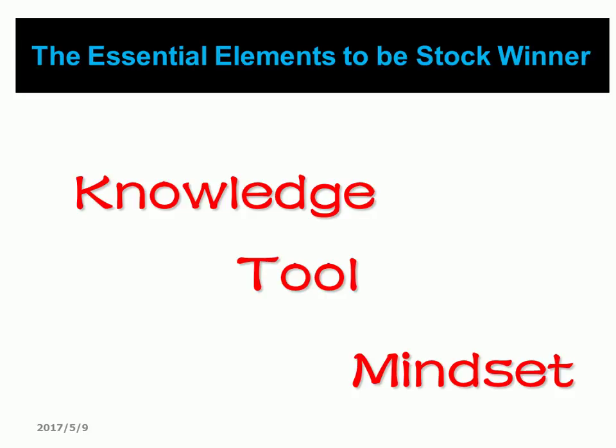For tool, we can use some indicators to judge, like some special indicator or common indicator or homely functions. Mindset: if you have the knowledge and the tool, you can keep a good mindset. If you don't have the knowledge and tool, how can you keep a good mindset? This is important. So this is the essential elements to be the stock winner.